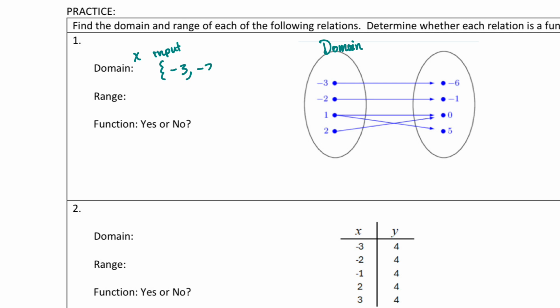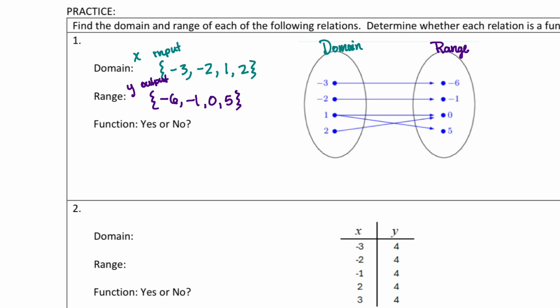If you don't write it as a set, I will put the set in for you and probably let it go, but just know that it should be a set. Your range is where the arrows end. So this is your y values or your output. So that is just putting those in order as well. -6, -1, 0, and 5.